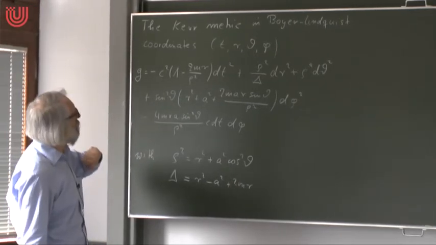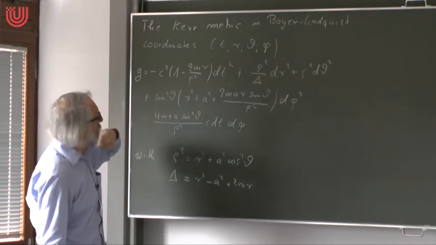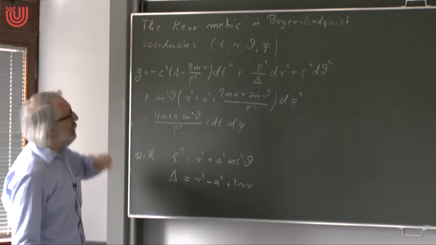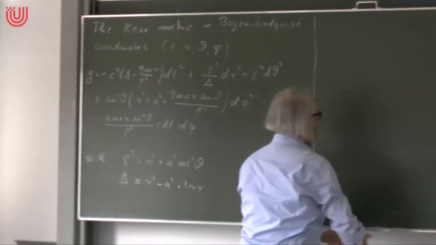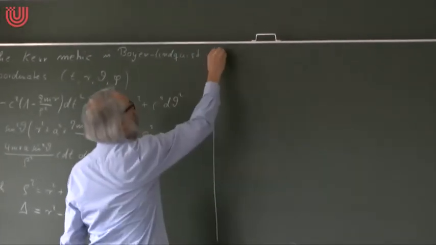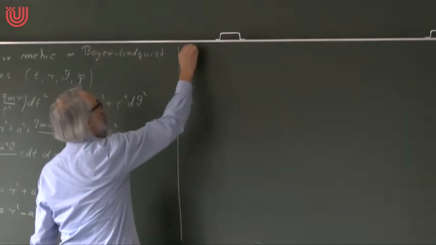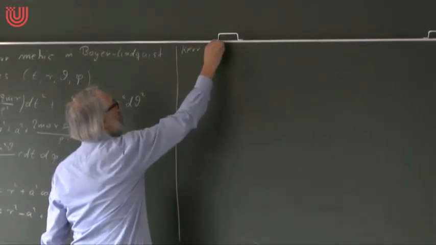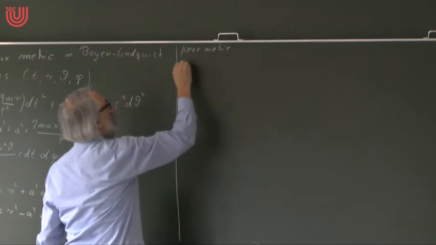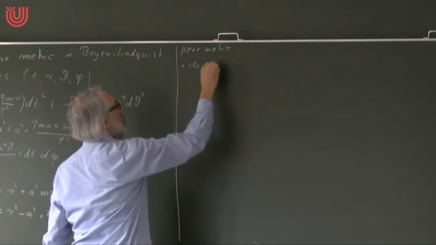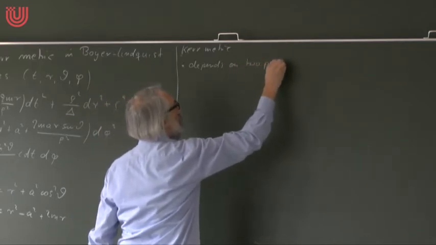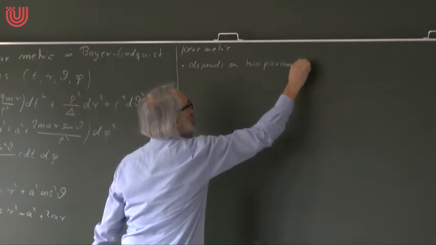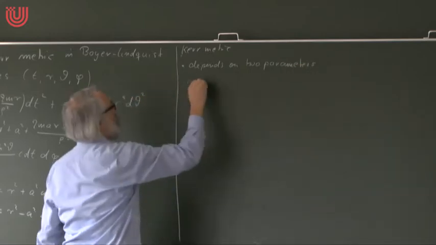You see the only parameters in the metric are m and a, so it's a two-parameter family of metrics. The Kerr metric, let me write it this way, depends on two parameters, little m and little a.